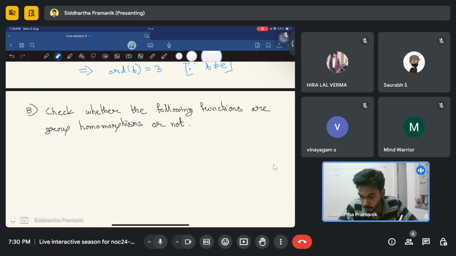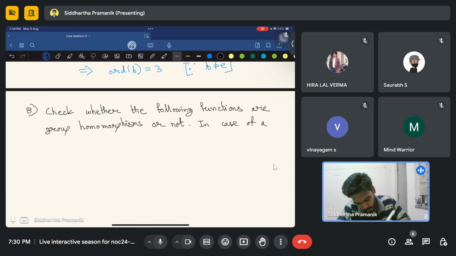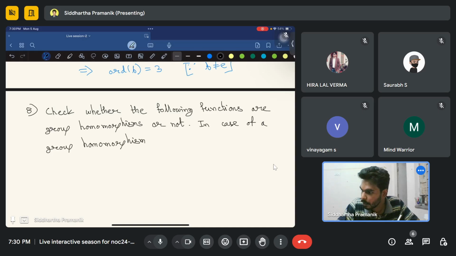And in case of a group homomorphism, find its kernel and image. So I hope you have remembered the definition of kernel and image.